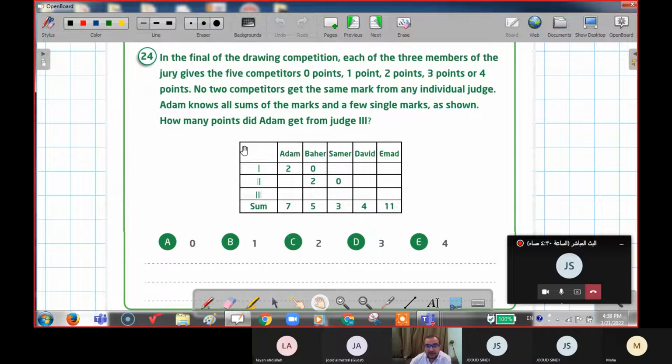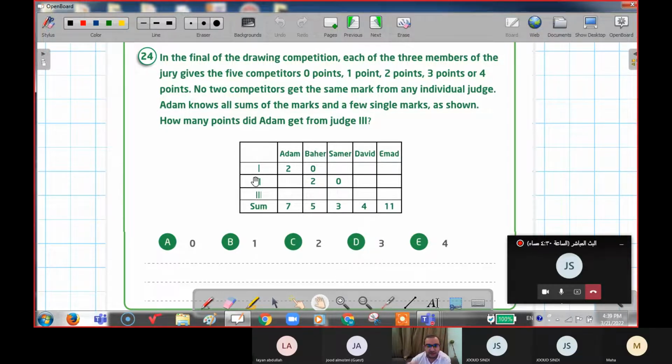So we have 3 judges, number 1, number 2, number 3. You can call them A, B, C, or Ahmad, Omar, Muhammad.